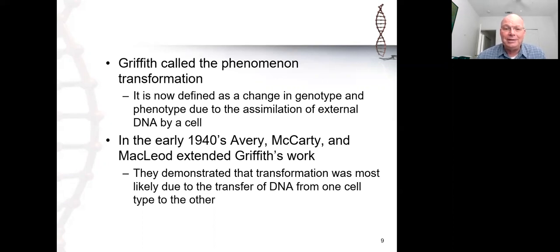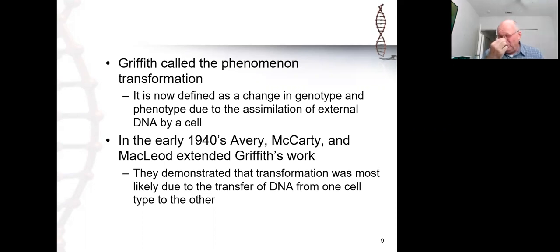In the solution that lacked RNA, you still got transformation. You lost transformation, or the ability to transform the bacteria, when you took out the DNA. And so they published this paper suggesting that DNA was the transforming factor based on the results of their experiment.